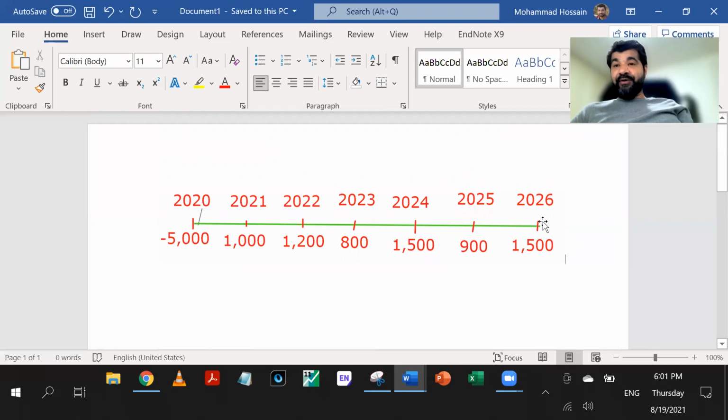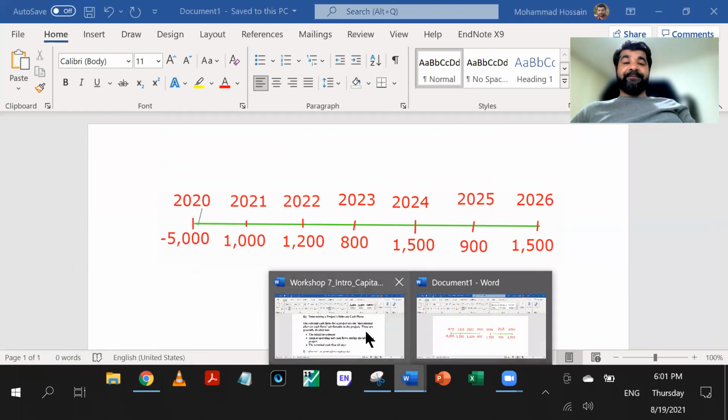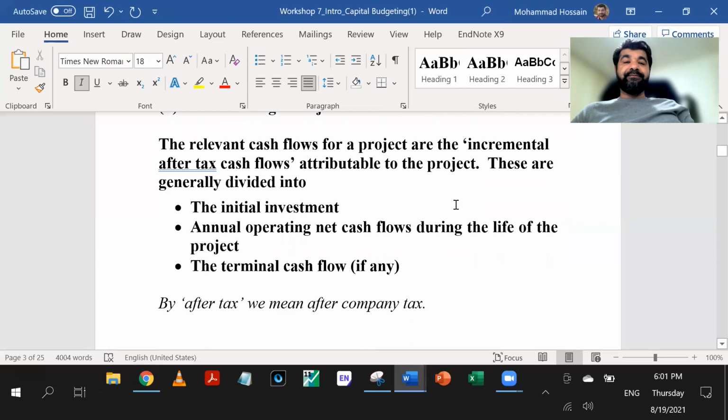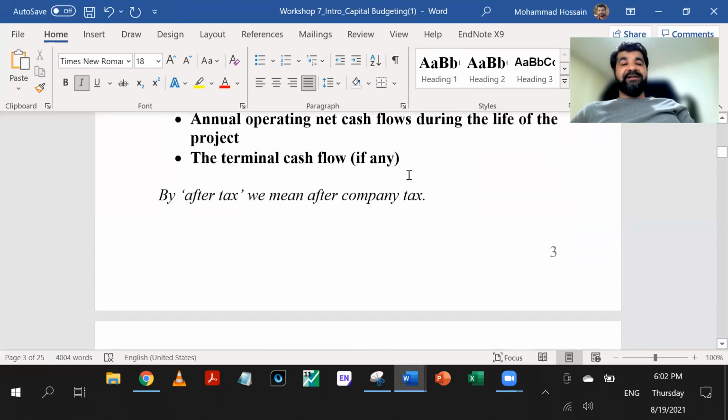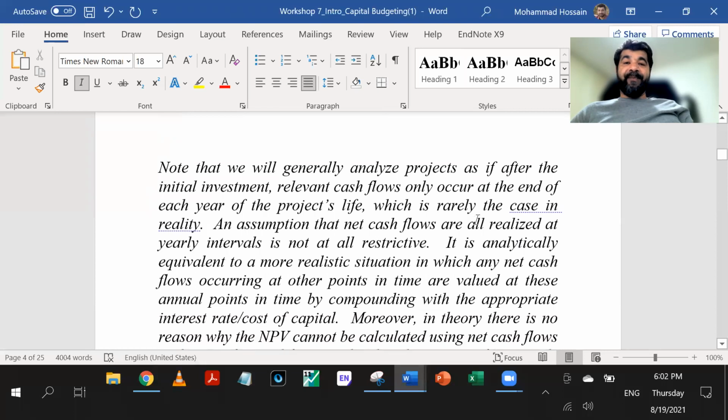When terminating the project, in the last year, how much money you're getting, that's the terminal. Okay, in one go, the lump sum amount you receive, that's terminal. If there is terminal cash flow, if there is any, yeah. When we talk about after tax, we mean the company tax, okay?